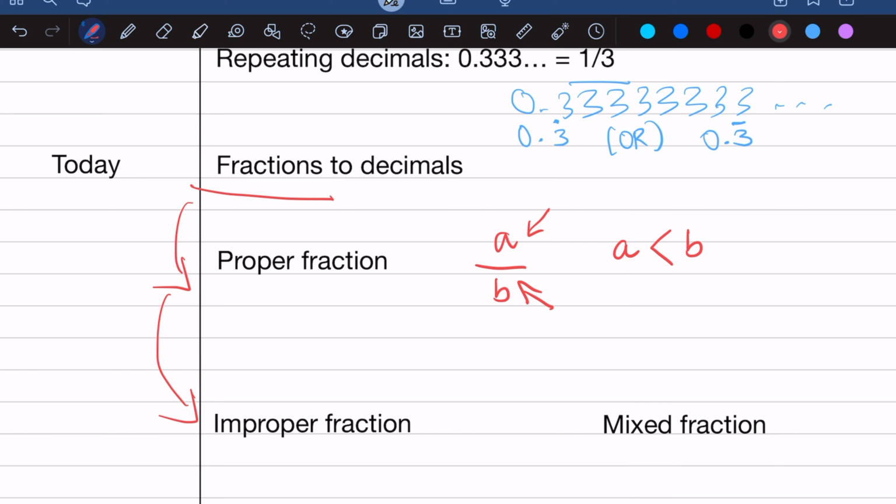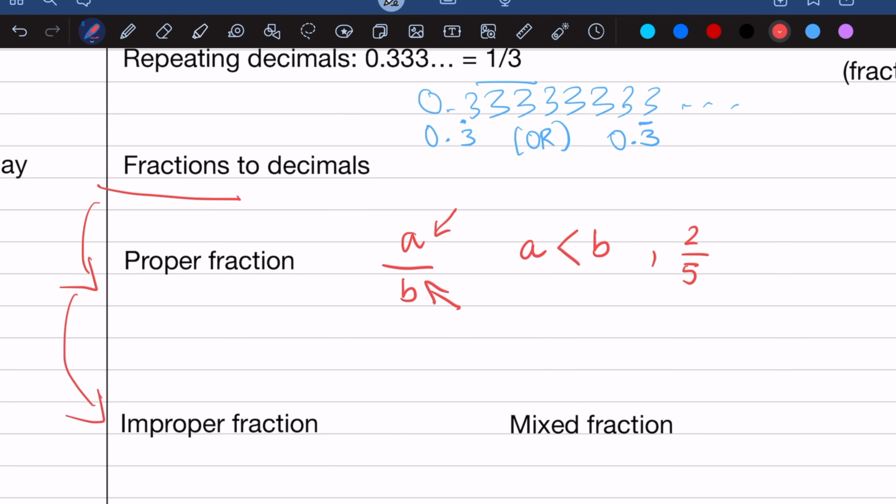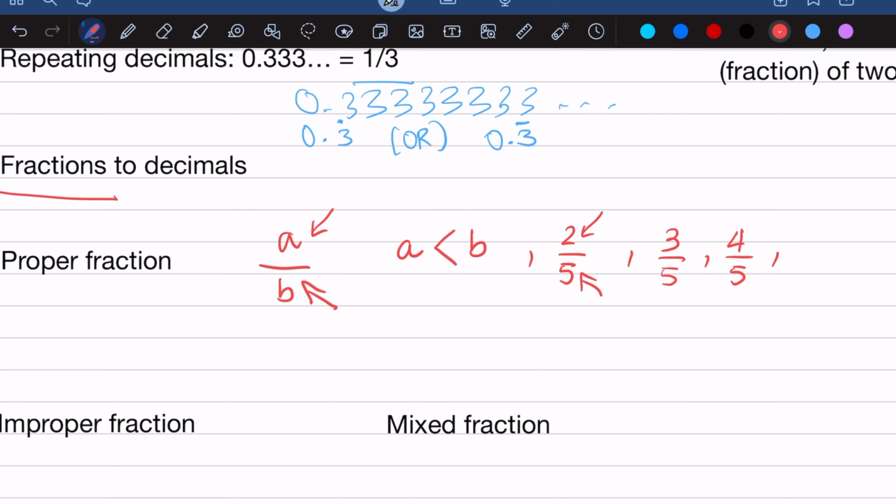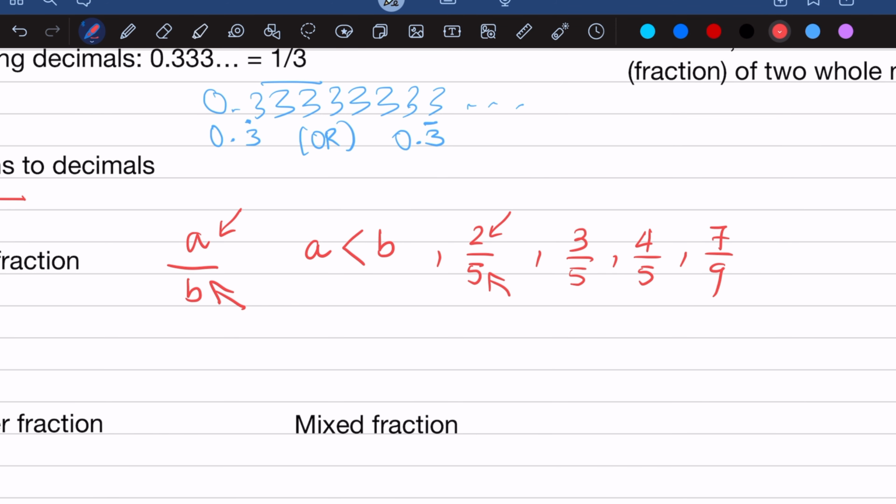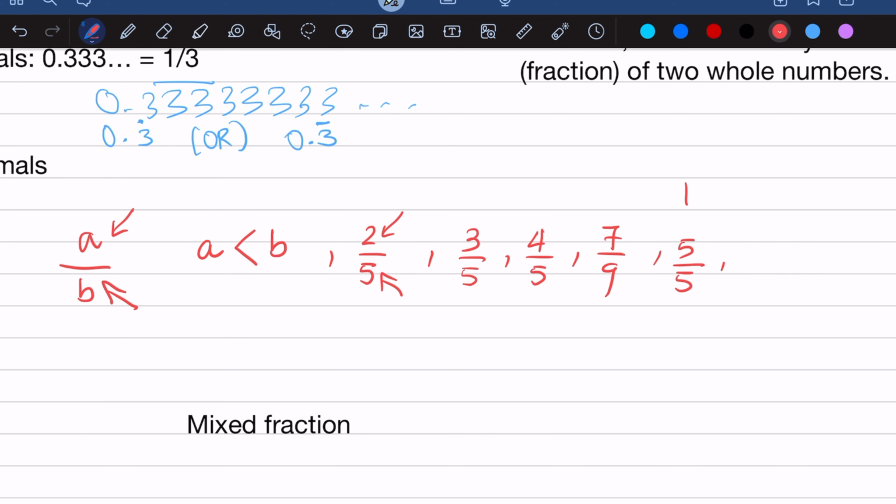So it can be, for example, 2 divided by 5. We can see our numerator is less than the denominator 5. It can be like 7 by 9, anything really. I'm just going to keep going with 4 by 5, and we get 5 by 5, which is equal to 1. And we get 6 by 5.